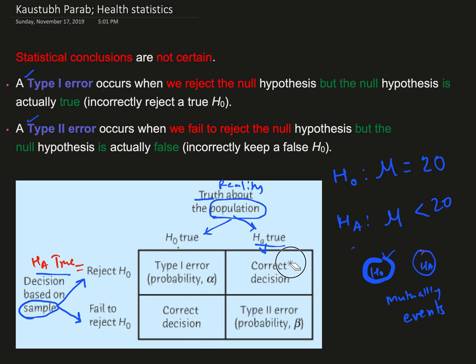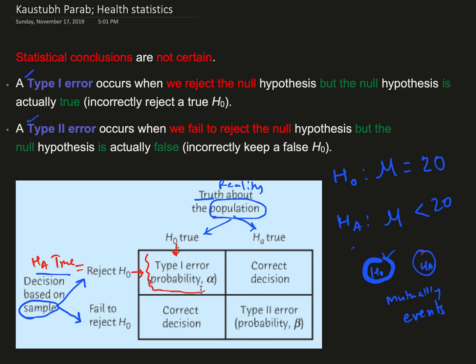Now let's look at the error. If you find something and that's not true with what is there in the population, then we call that an error. We can see that it can occur on two different occasions. When we reject the null, in other words, the alternative is true from our sample, but in reality, the truth about the population is that the null is true. So we rejected it, but actually it is true.